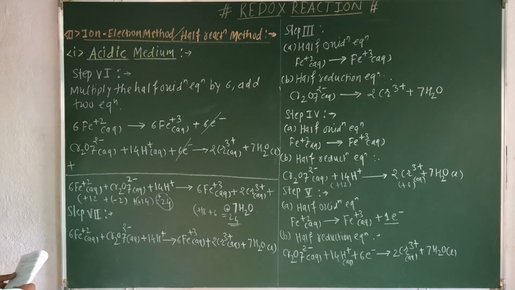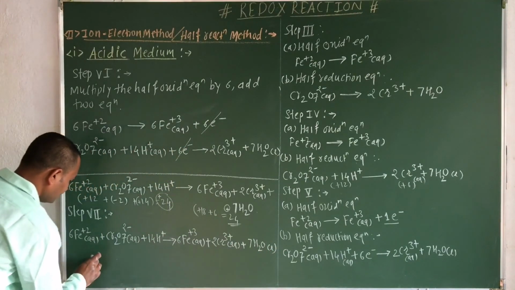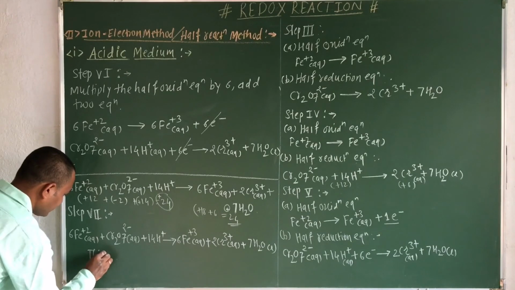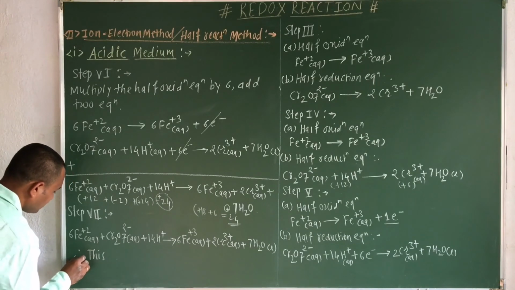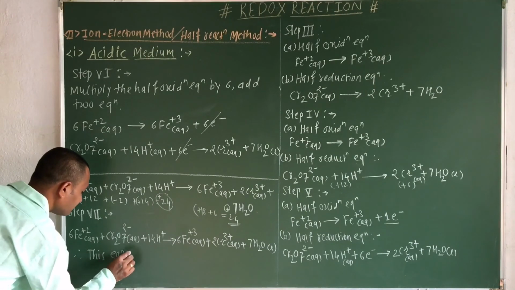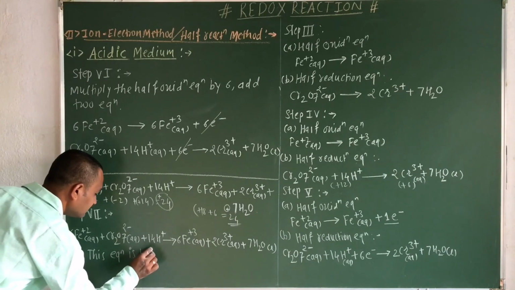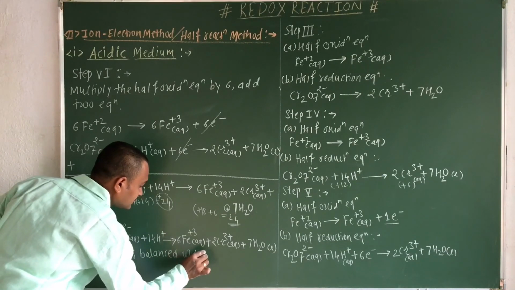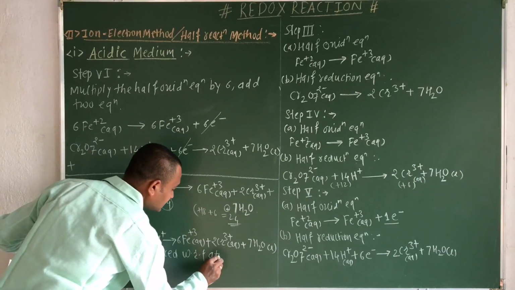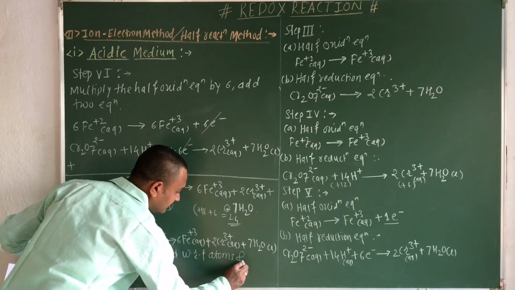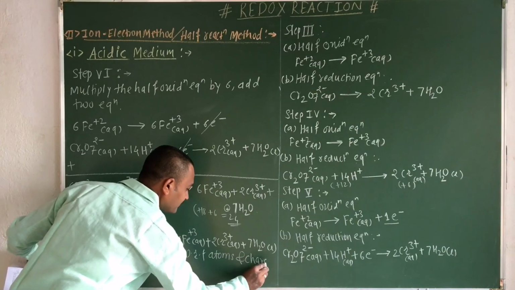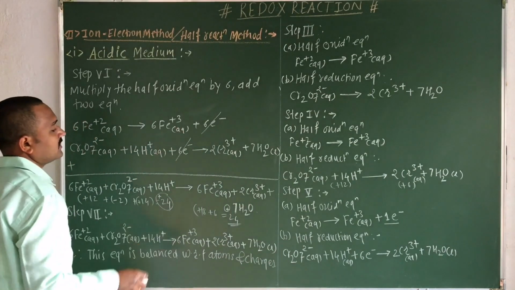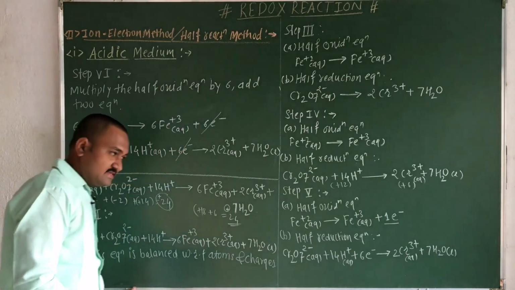And here, as the final statement, you are going to write down: therefore this equation is balanced with respect to atoms and charges. Okay, so that is our final answer here.